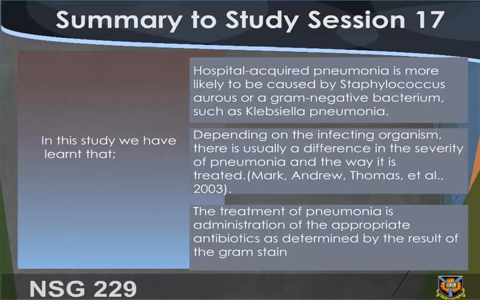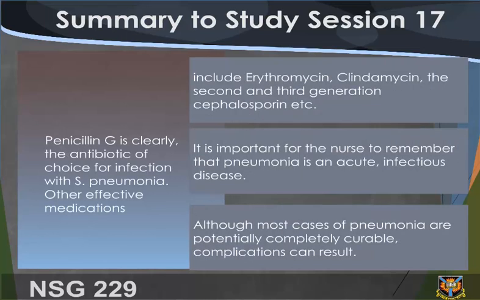The treatment of pneumonia is administration of the appropriate antibiotics as determined by the results of the Gram stain. Penicillin G is clearly the antibiotic of choice for infection with S. pneumoniae.